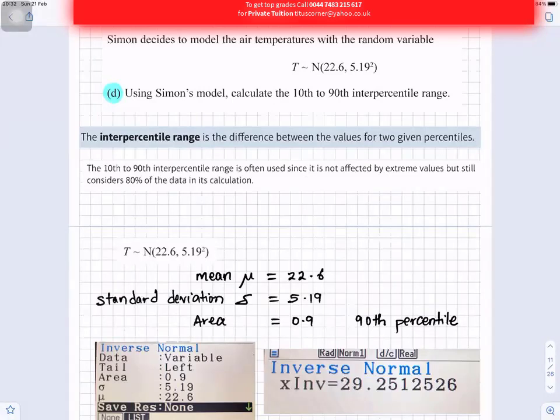We want the area to the left, so we put a tail on the left. The area is 0.9. Standard deviation is 5.19 and the mean is 22.6. Then using the inverse normal distribution, it will give us 29.2512526.